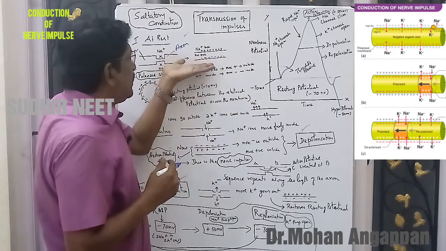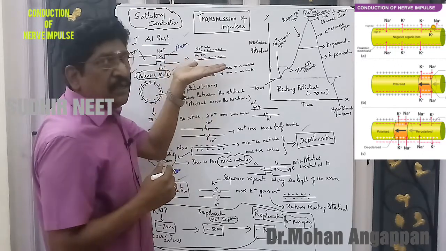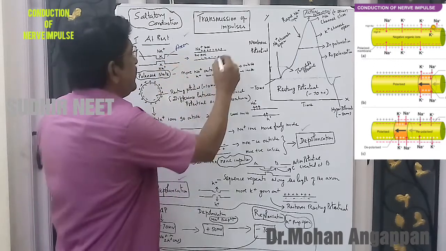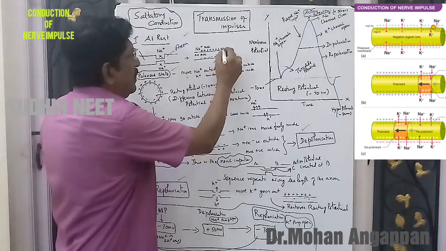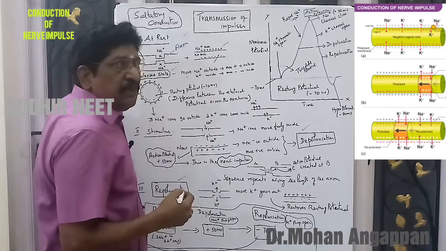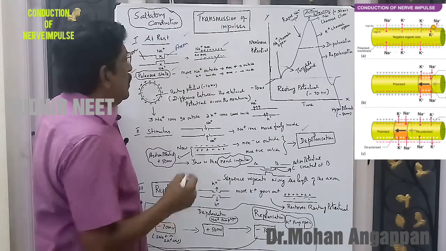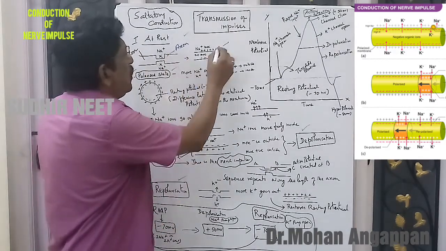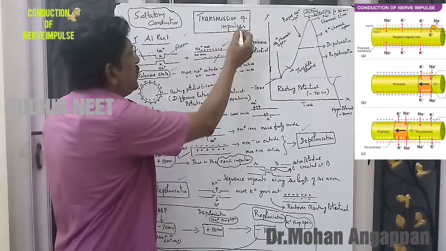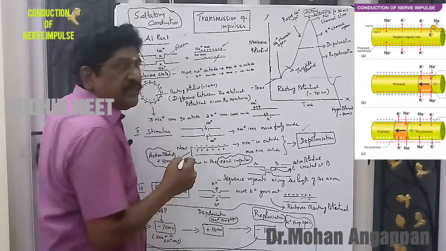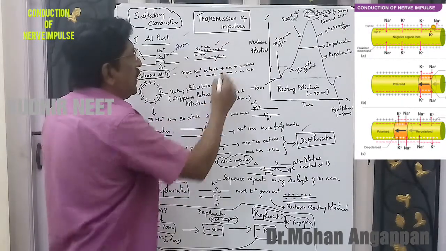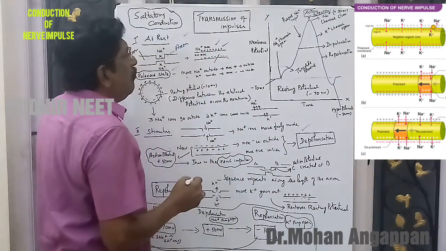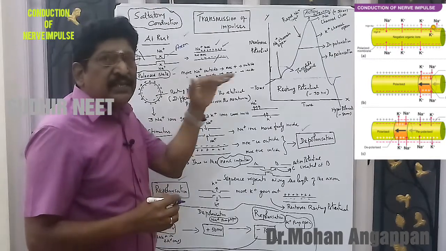So at the rest stage, when there is no impulse, what happens here? This is the axon membrane, inside and outside. At rest, sodium is more outside and potassium is less inside, and there will be more positive charges outside and more negative charges inside the axon.